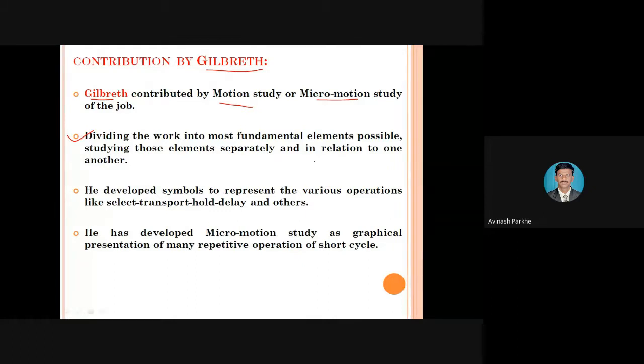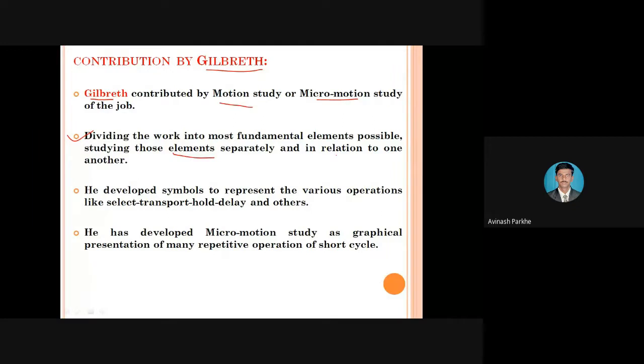Like that, we have to go for the detailed analysis of each and every operation or element, and after that we have to decide the relation between them. Sometimes operation number 1 and operation number 2 are correlated with each other. If they can be performed on the same workstation, then your production time goes on decreasing.